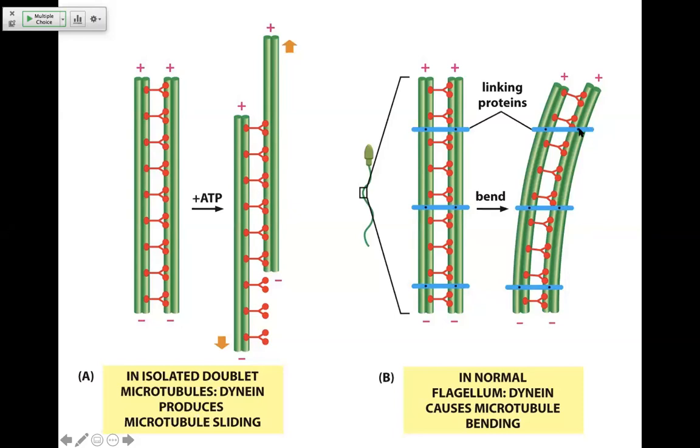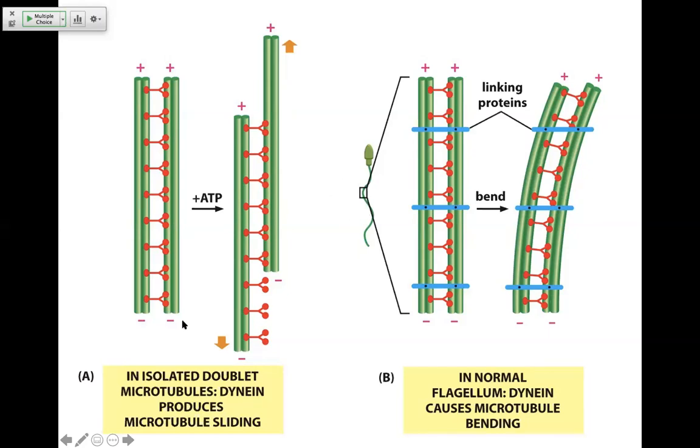So the presence of the linking proteins causes the doublets to bend relative to each other instead of sliding relative to each other. And that's just showing this little bit of this bend in this undulating motion.